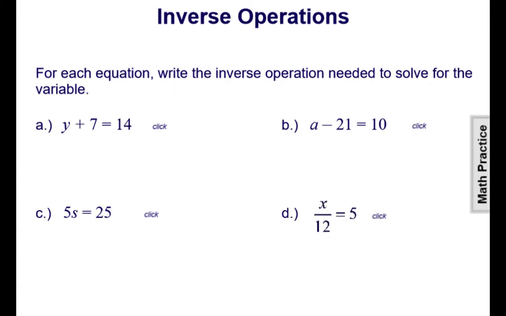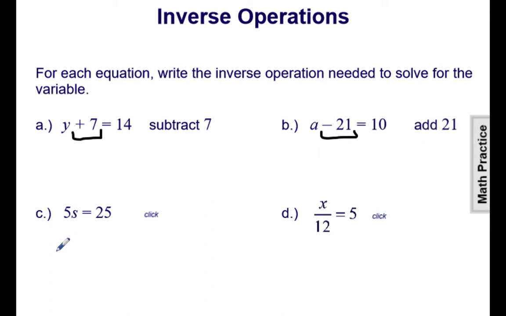So here we have the first one, y plus 7 equals 14. If our current operation is adding 7, our inverse would be the opposite of adding, which would be to subtract 7. Here we have b, which is a minus 21 equals 10. The current operation is subtracting 21. So we need to do the inverse, or the opposite, of subtracting 21, which would be to add 21.